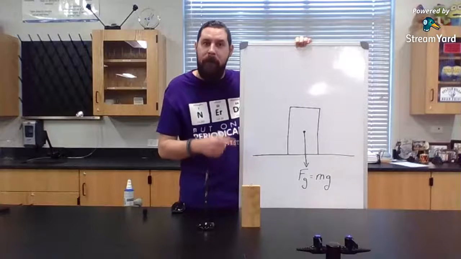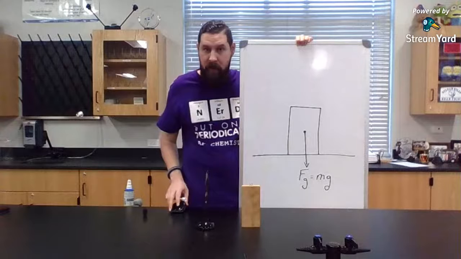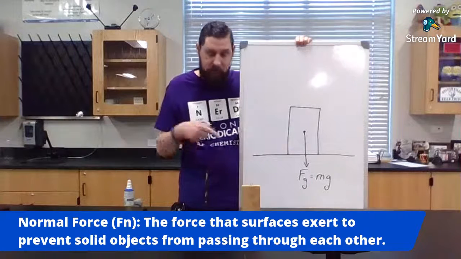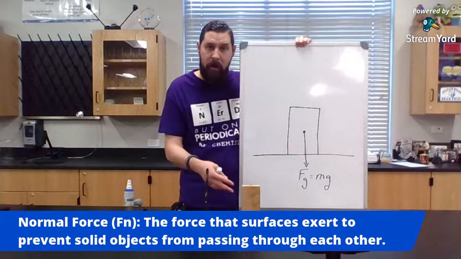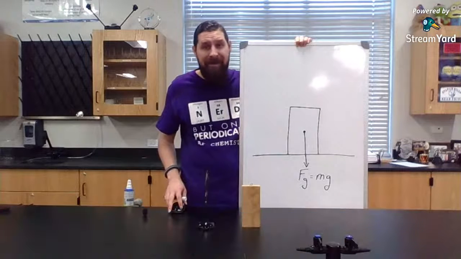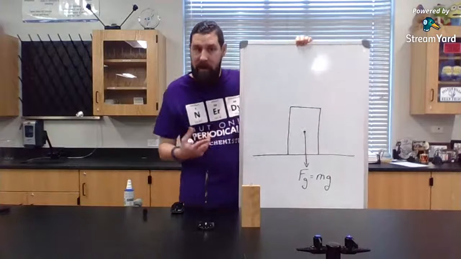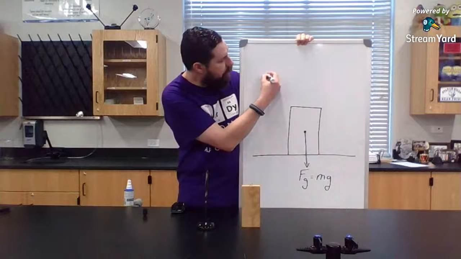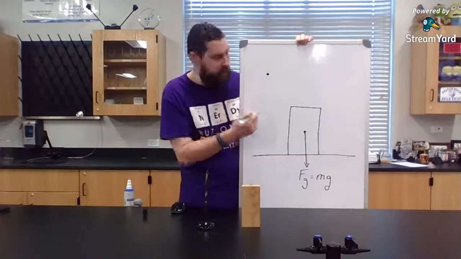So what that means is there has to be some upwards force also acting on it. And that is that normal force. Again, the force that the surface, in this case the table, is exerting on this block to keep it from passing through that table, or the table passing through the block. So what we do in free body diagrams, instead of something like this, we would draw just a single point particle, and that represents our center of mass.